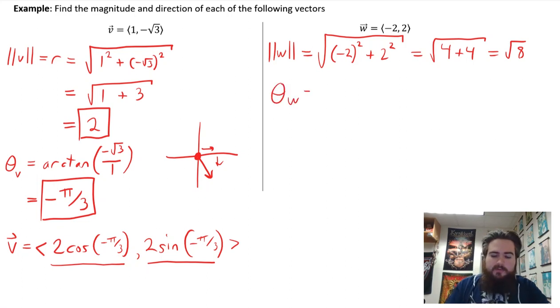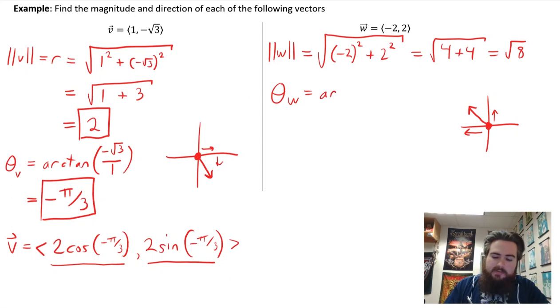For the direction of w, though, when trying to work with arctangent, again keep in mind where our vector is going to be, or where the terminal point of the vector is anyway. W has negative 2 for the x component and positive 2 for the y component, which means this is going to reference a vector from the starting position at the origin up into quadrant 2.